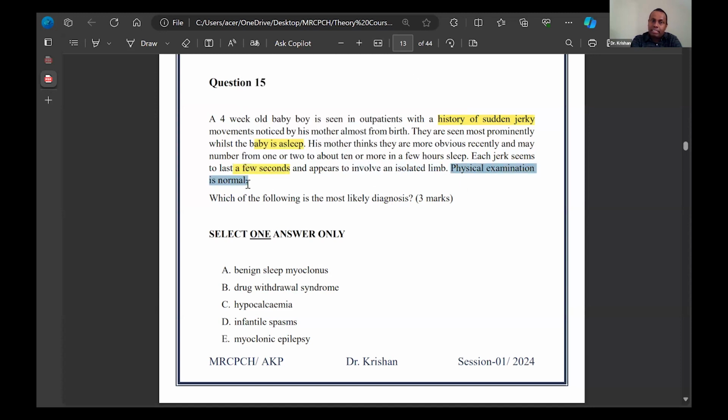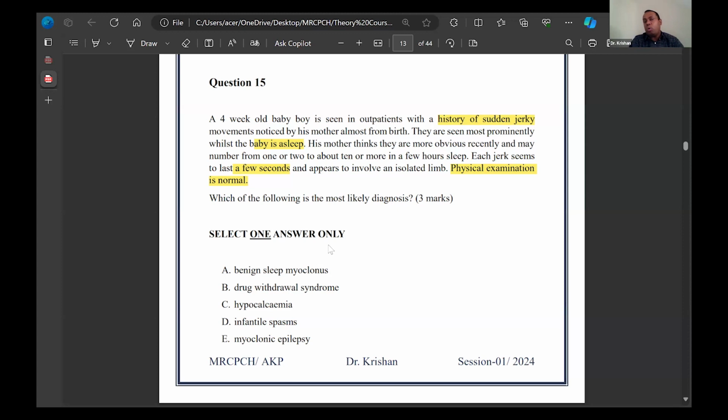Physical examination is otherwise normal. What do we think as the diagnosis? Is it benign sleep myoclonus, drug withdrawal syndrome, hypocalcemia, infantile spasms, myoclonic epilepsy?